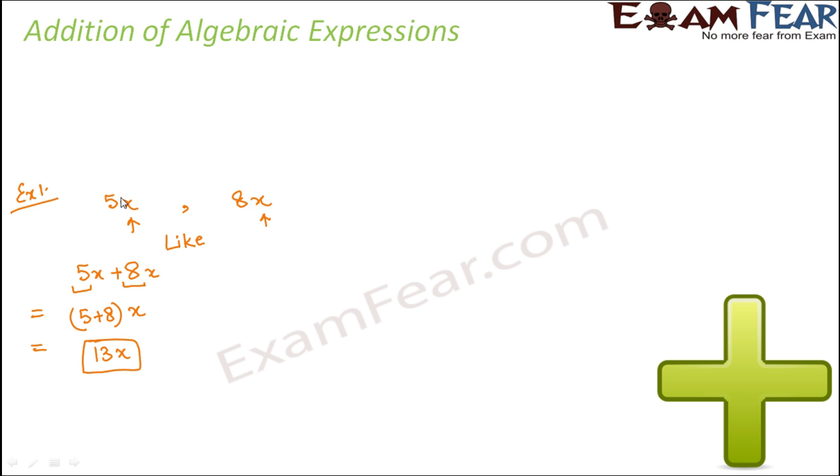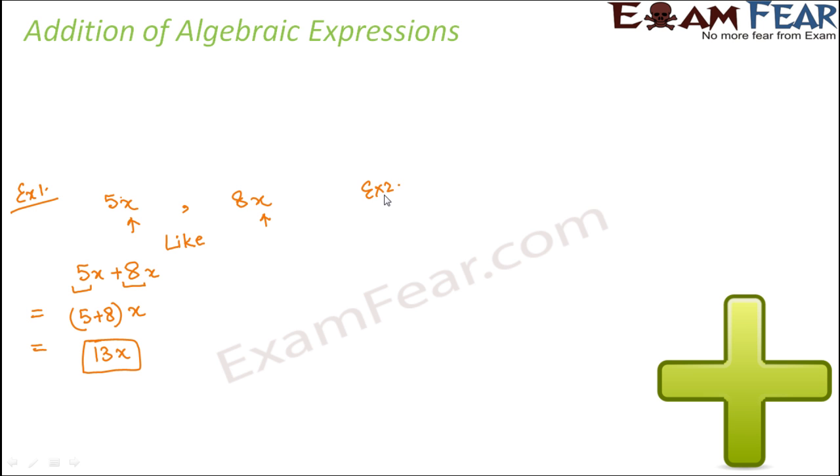So 13x is the sum of these two algebraic expressions. This is the simplest possible example, taken just to make you understand the concept that we follow. The simple concept is that we can only add the like terms, and we add the like terms by adding their numerical coefficients. In this case, 8 and 5 are the numerical coefficients, so we just added them to find the sum.